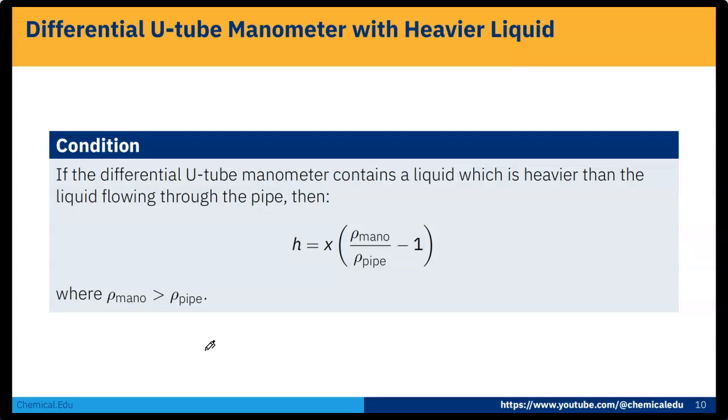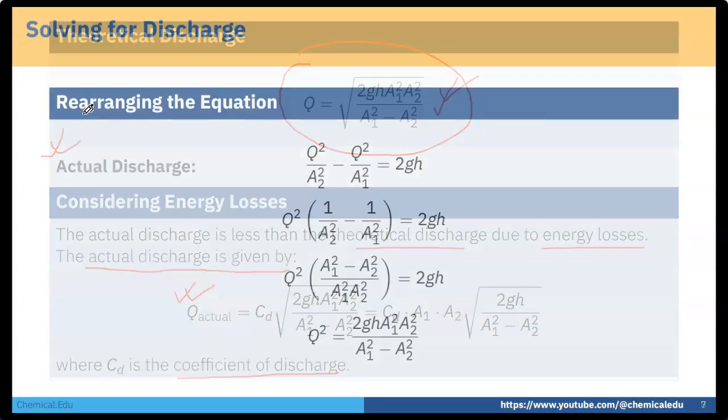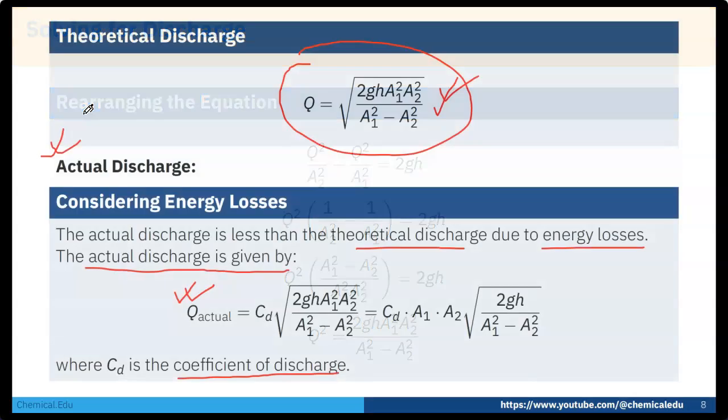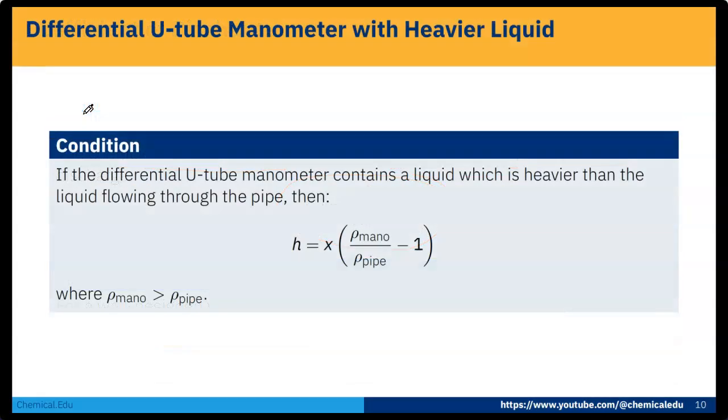Now here is some correction of that H. As you know, the Venturimeter is connected with a U-tube manometer. Now we have to correct the H when the differential U-tube manometer contains a liquid which is heavier than the liquid flowing through the pipe.